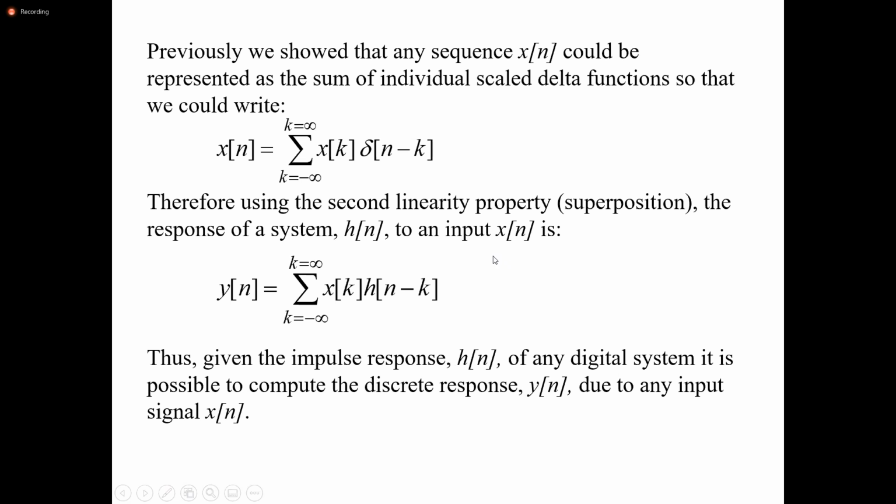And therefore, if we use the second linearity property, that is superposition, then what we're actually doing is taking the whole set of possible times from minus infinity to plus infinity. And we're taking the individual responses at each of those times and summing them, because that of course is superposition.